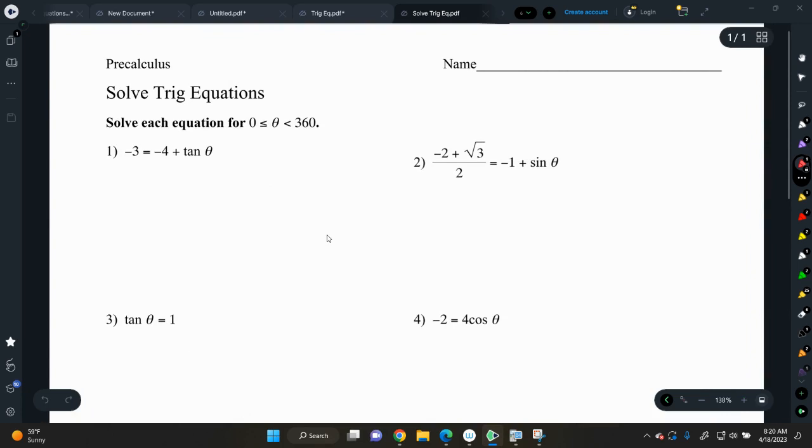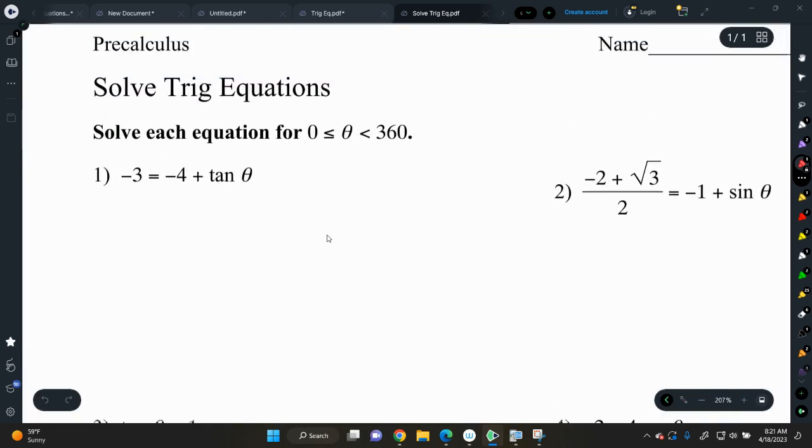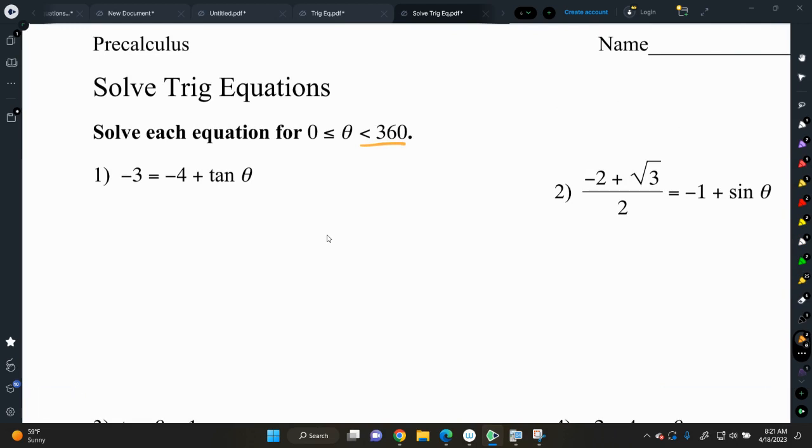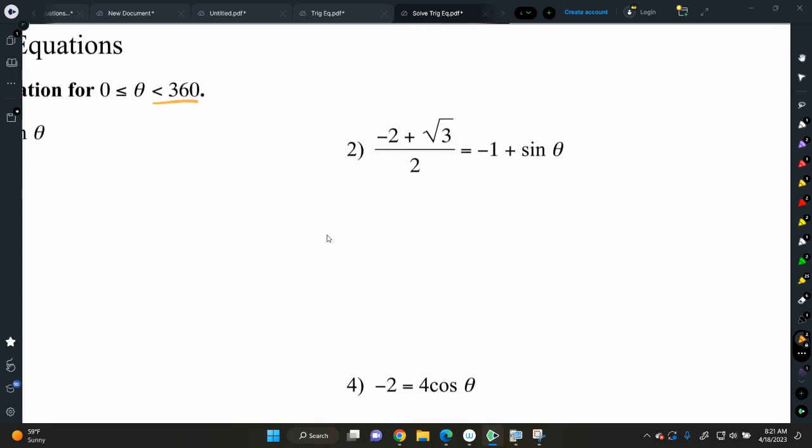We're looking at 0 to 360. Once again, pay attention to your domain. In this case, we are not including the 360 degrees. Okay. All right. So I'm not going to do all of them, but let's look at number 2, because that one's kind of weird.